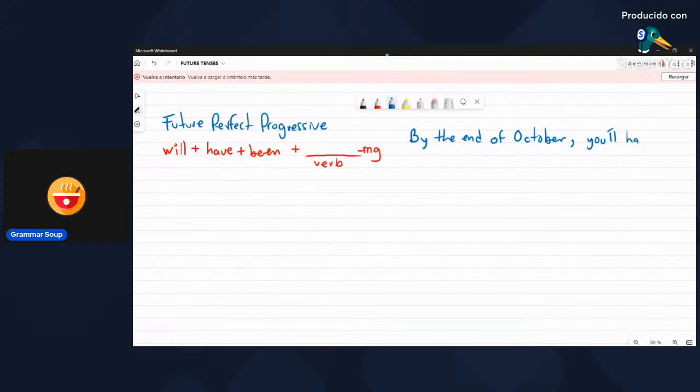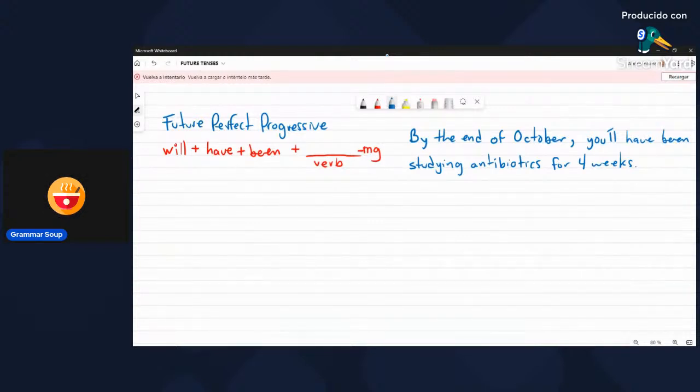You will have been studying antibiotics for 4 weeks. You see, by the end of October, you'll have been studying antibiotics for 4 weeks.